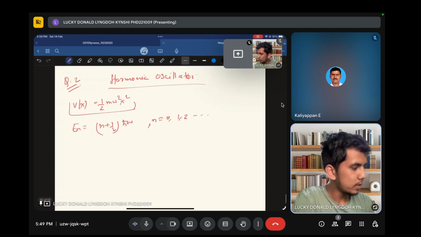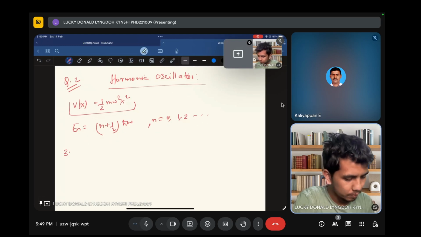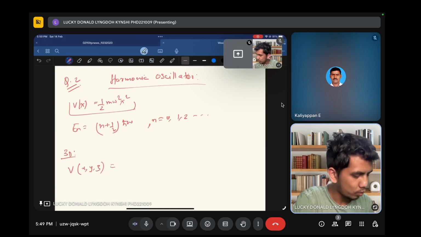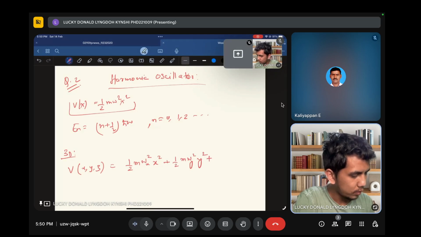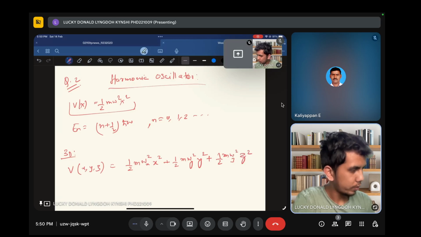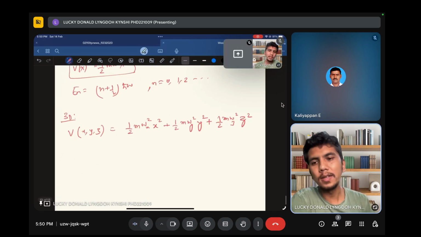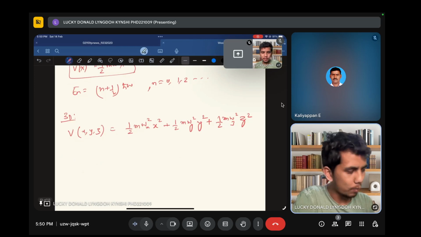Now let's say we are talking about 3 dimensions. In 3 dimensions, the potential V of x, y, and z is equal to half m omega x square x square plus half m omega y square y square plus half m omega z square z square. If the potential is in 3 dimensions, what is the energy?